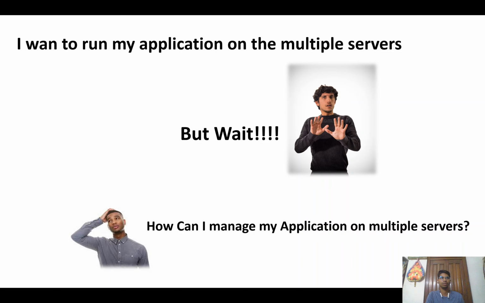You can SSH to your instance, update your instance, install the application, and leave it aside. Then you go to the second server, install the application, and update the server.